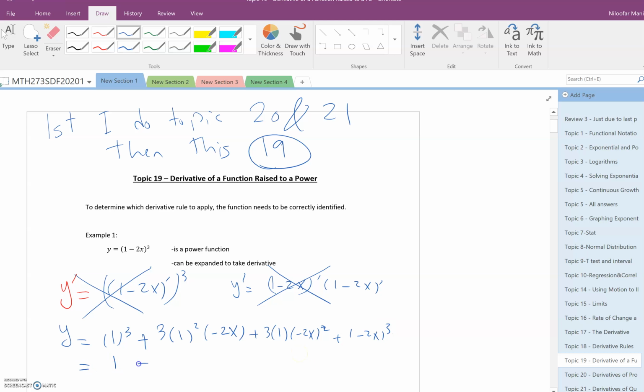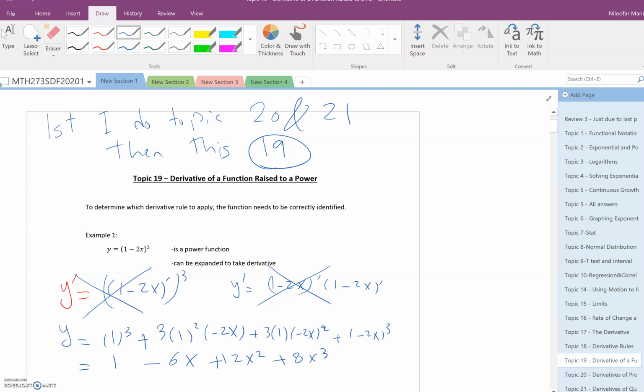So it's 1 minus 6x, plus 12x squared, plus minus 8x cubed.